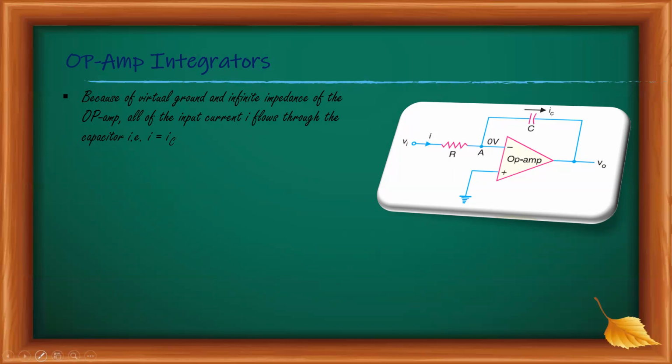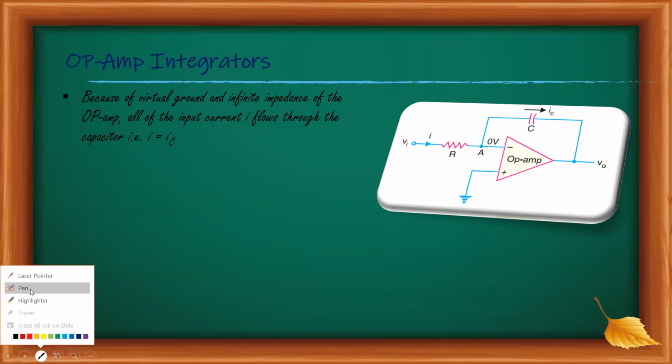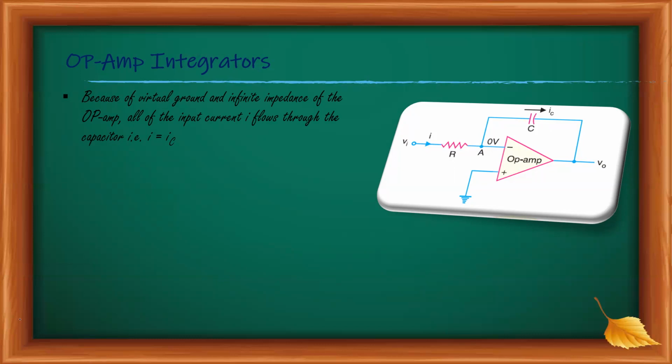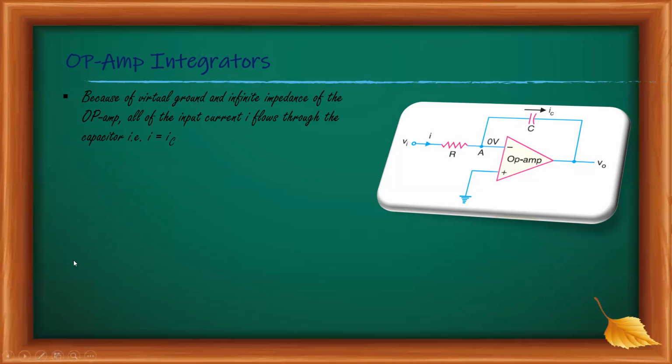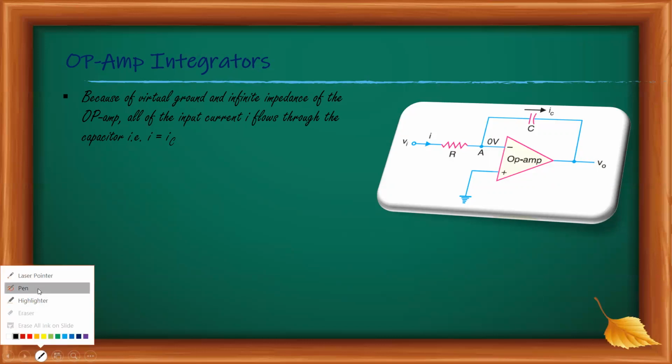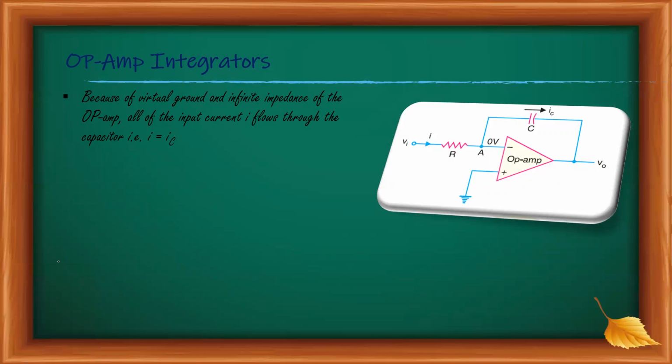Then we have to find the values of I and IC. We have to find the current through the resistor and the current through the capacitor. First, we find the current through the resistor.